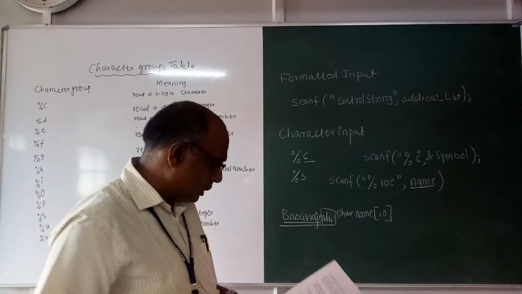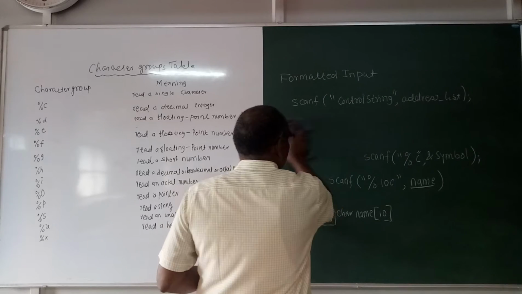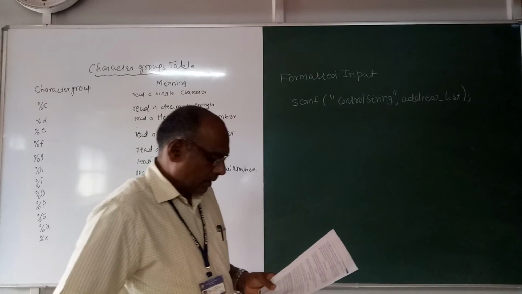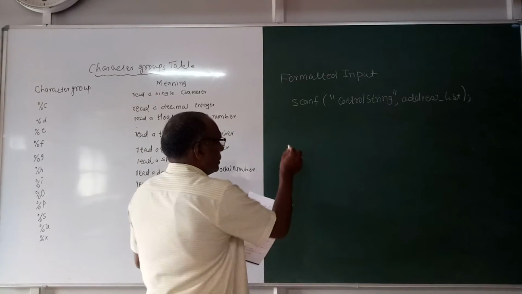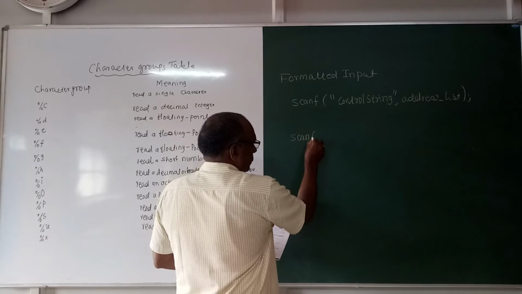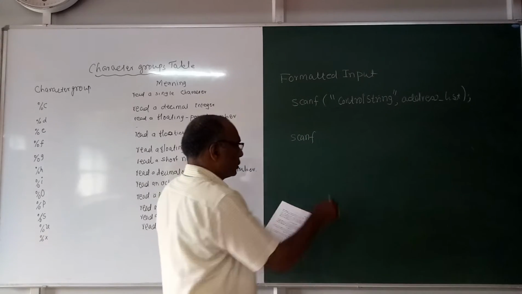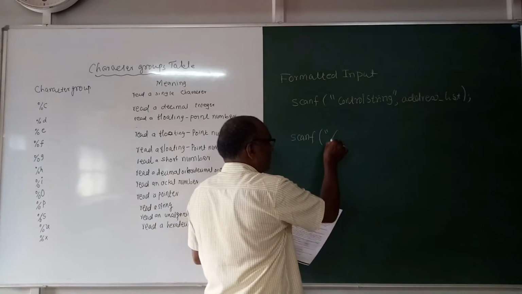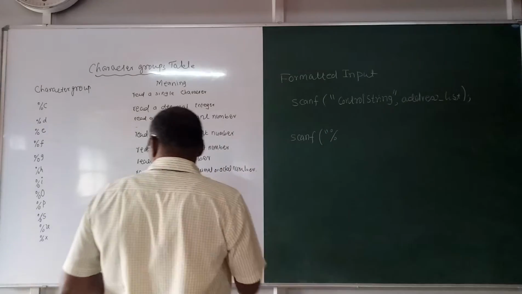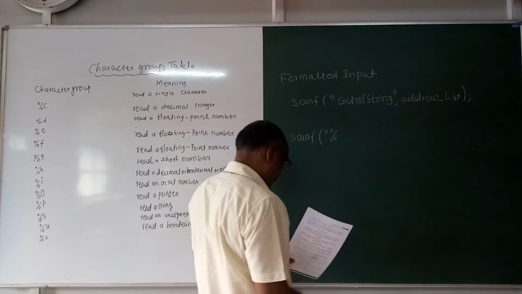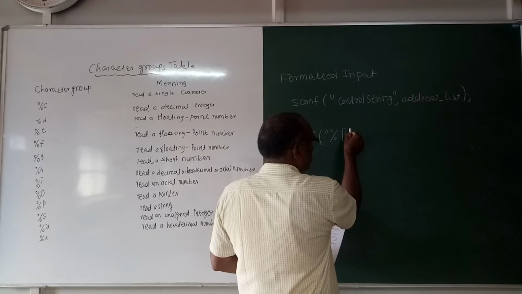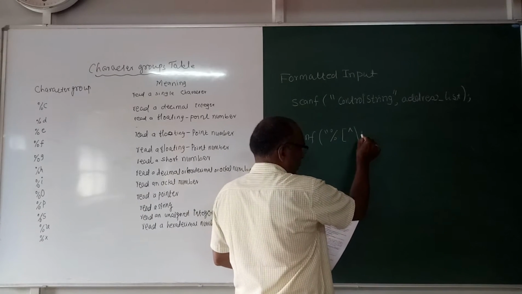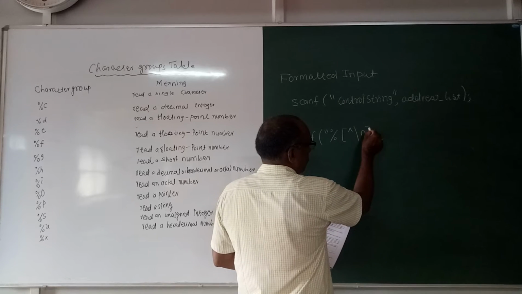I'll give an example here, that is writing a message. Here, let me write this scanf. Okay, this is formatted input. We should write it in parentheses with a double quote, say % symbol. We have not used any letter here, that is say in square brackets with this caret sign and the backslash n, close this.